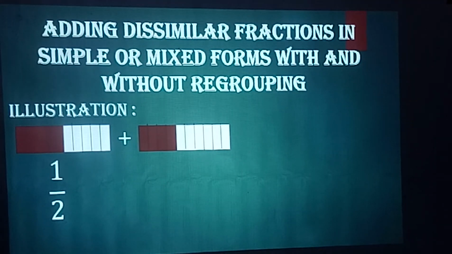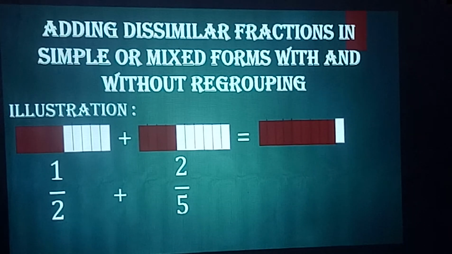So this time if you will notice that the whole figure is divided into 10 parts, and 4 parts are being shaded, and that represent as the 2/5, and 1/2 plus 2/5 is equivalent to 9/10.